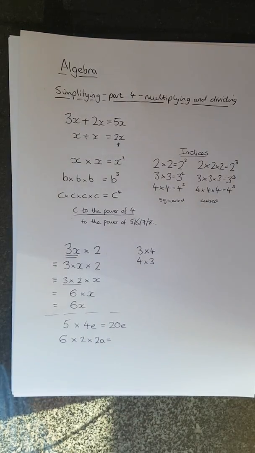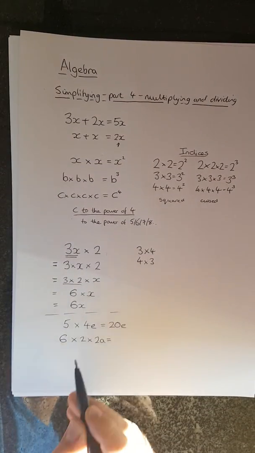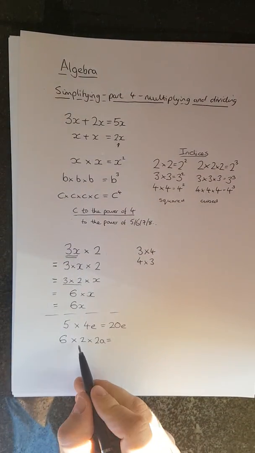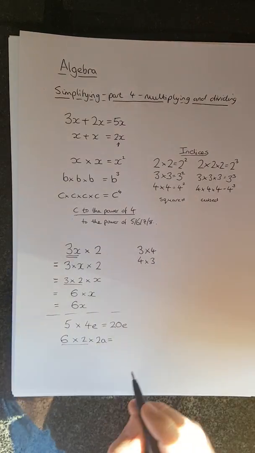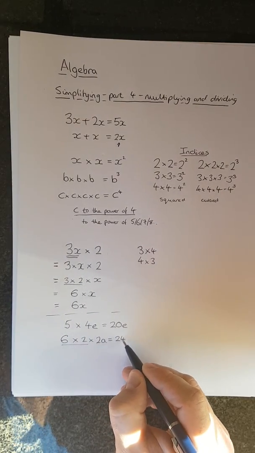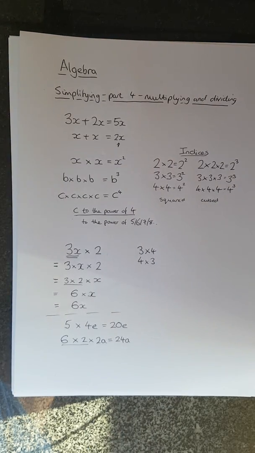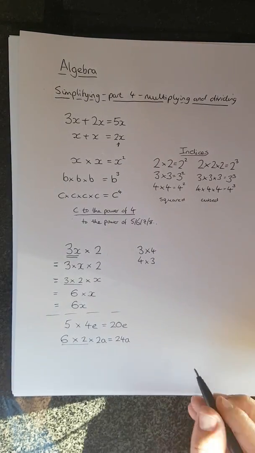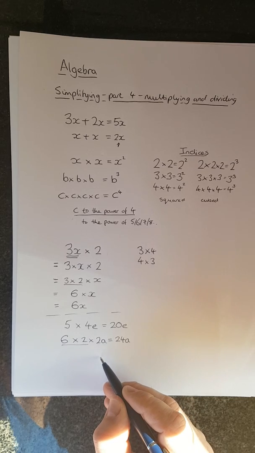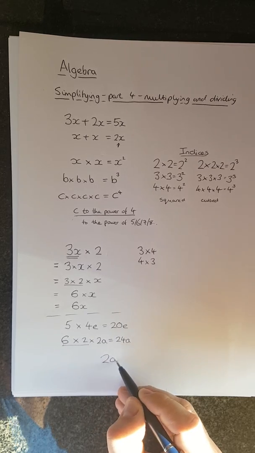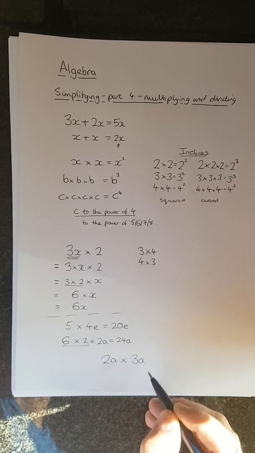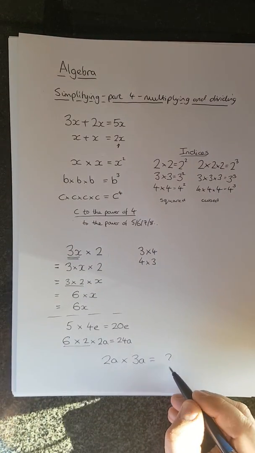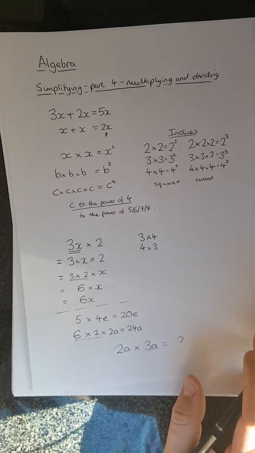Does it make any difference if there are 3 terms? The answer is no. 6 times 2 would be 12, and then 12 times 2a would be 24a. The big question for us is, what happens when we have things like 2a times by 3a? And we'll look at that now.